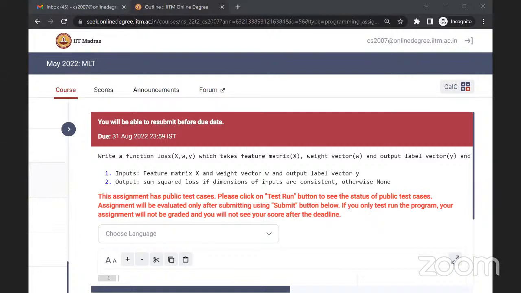Smita also has submitted her answer. Aisha has also entered. Okay, so let's try Smita's answer.